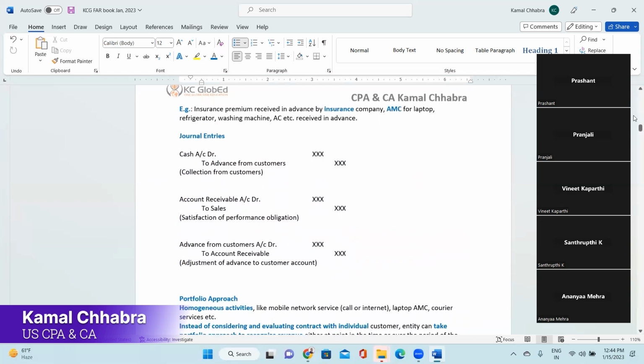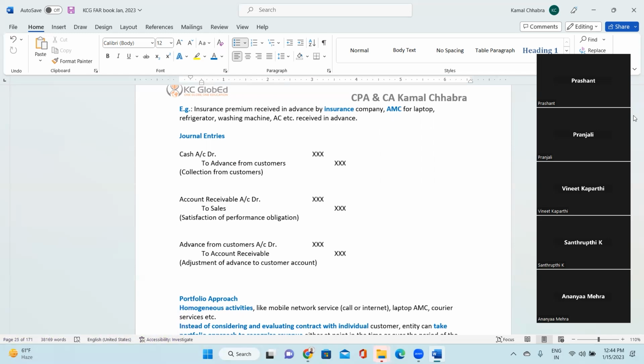So, for example, you have paid an insurance premium. Let's assume you are an insurance company, and you have received, let's say, $12,000 as insurance premium from a customer on 1st January 2023.